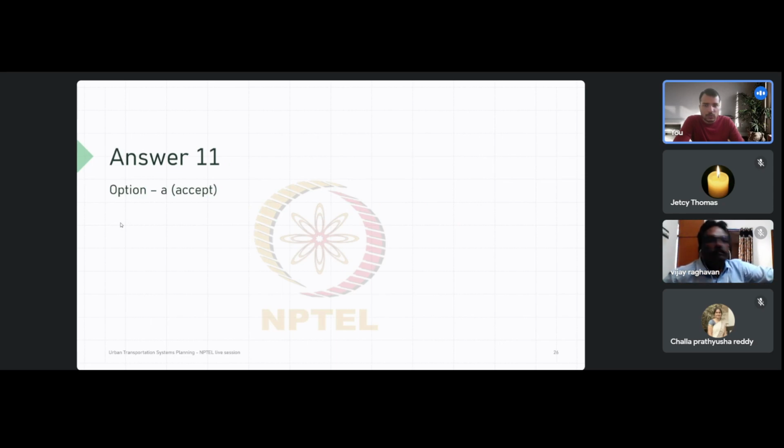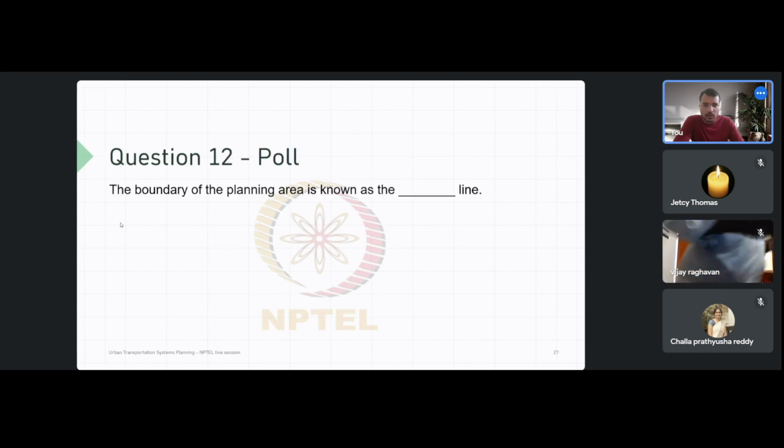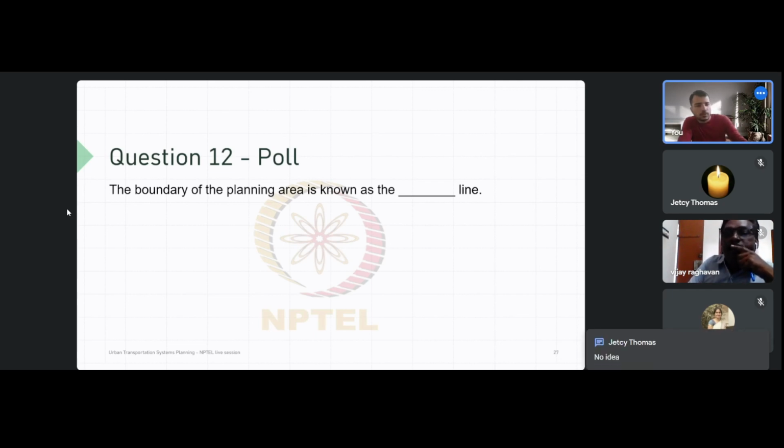Moving on to the next question, question 12. So this is a poll. The boundary of the planning area is known as the. Quickly, you can respond for this. Can respond for question 12.